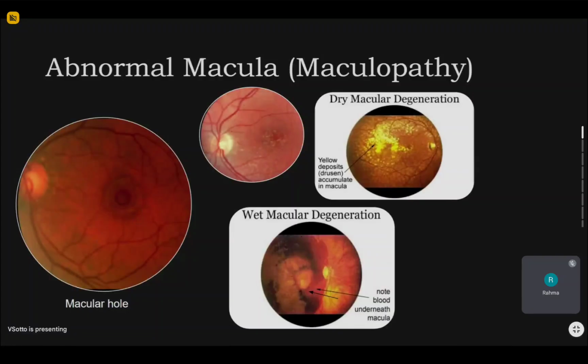If you view it from another perspective, it's like a hole in your retina. Then for wet macular degeneration, you'll be observing intraretinal hemorrhage or blood underneath the macula.